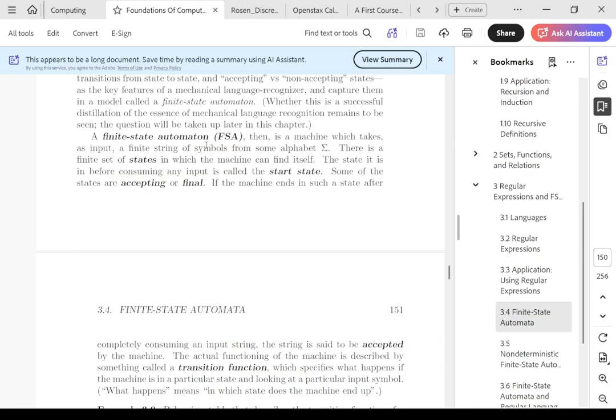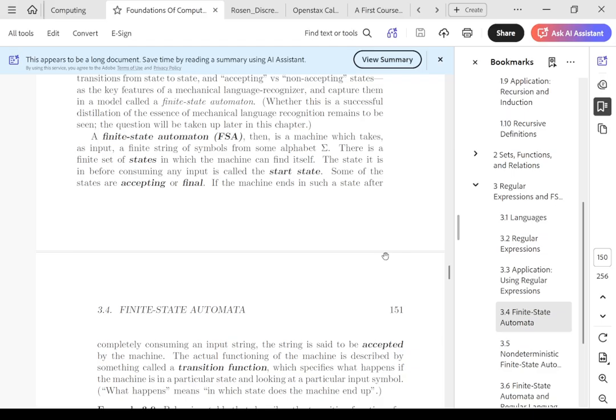Some of the states are accepting or final, so the accepting state is where it ends. If the machine ends in such a state after completely consuming an input string, the string is said to be accepted by the machine. The actual function in the machine is described by something called a transition function. How do I know where to go at a particular state? It specifies what happens if the machine is in a particular state and looking at a particular input symbol.